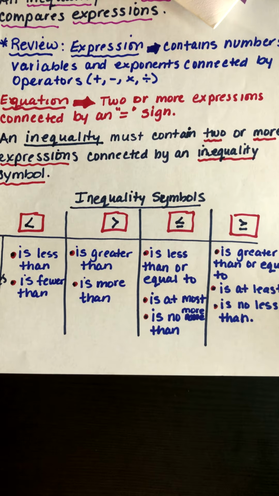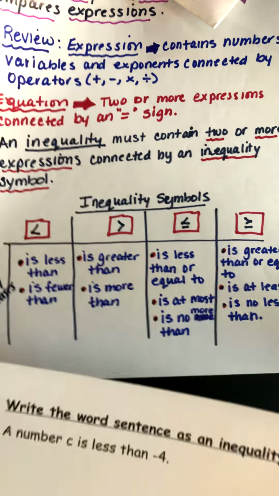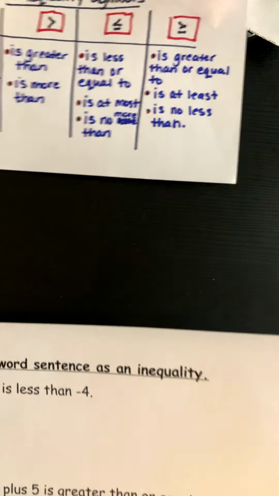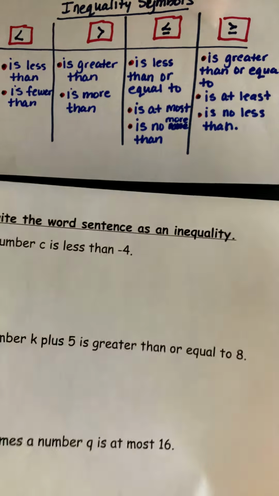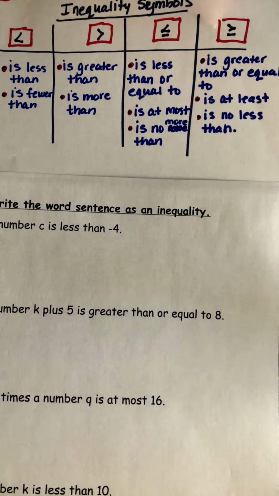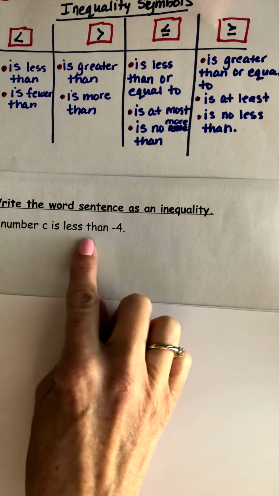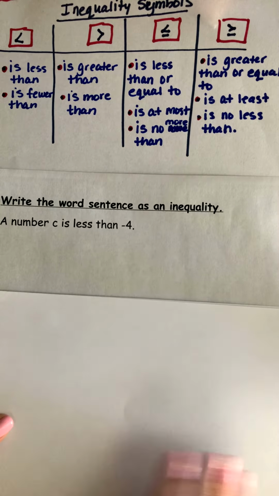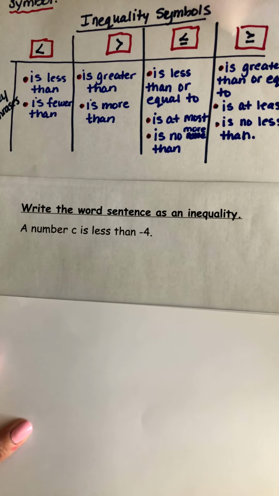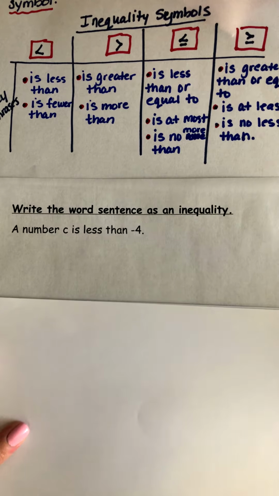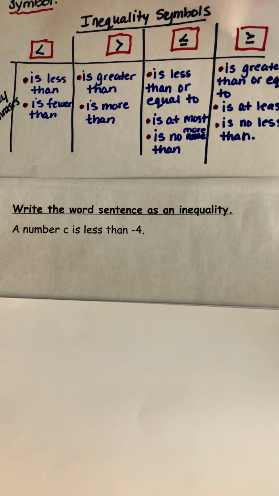So let's look at a first example. Go ahead and write down the first sentence: A number C is less than -4. Just like we did with writing equations, we can circle things.